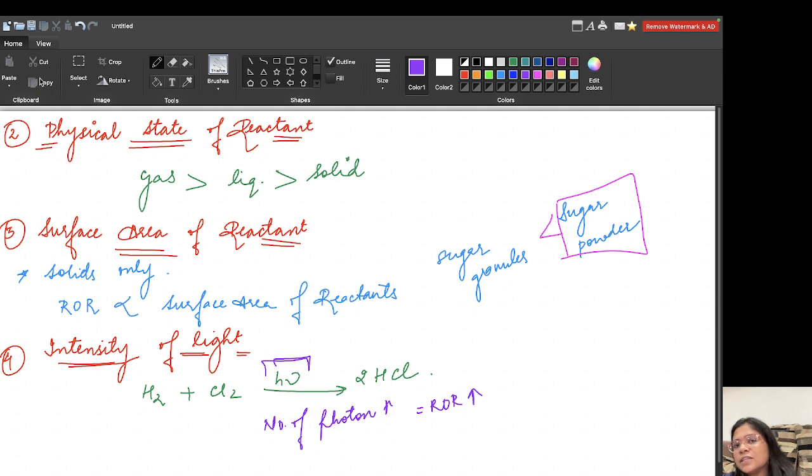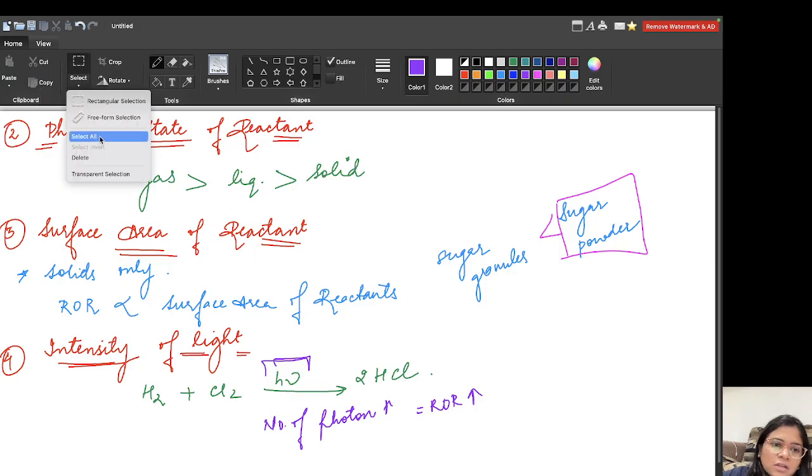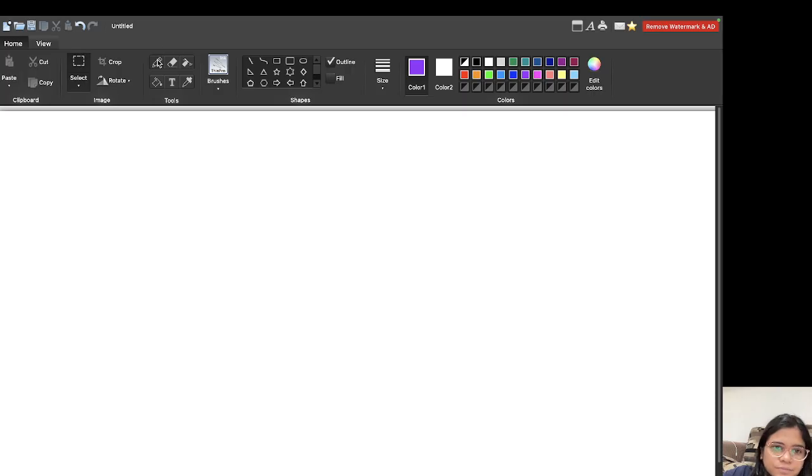So first thing was nature of reactant, second is physical state of the reactant, third is surface area, fourth is your intensity of light. The fifth thing is catalyst. Now you know in some cases catalyst speeds up the reaction. What does catalyst do?